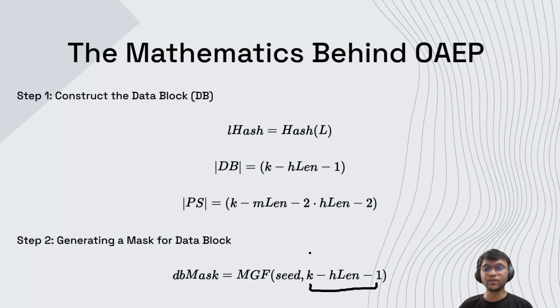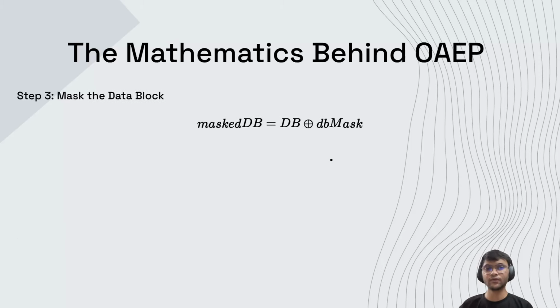We say generate me a mask of this length using the seed as an input. At this point, we are ready to generate the masked data block. We'll compute the XOR between the data block DB and the DB mask that we just created. And this will give us the masked data block. This step will scramble the DB with the random seed.